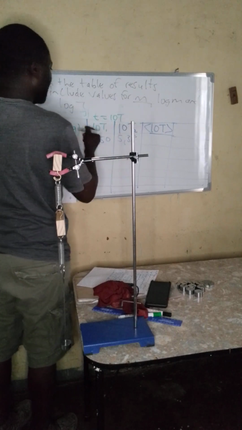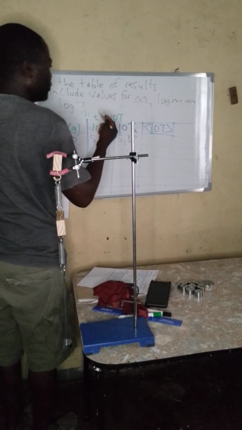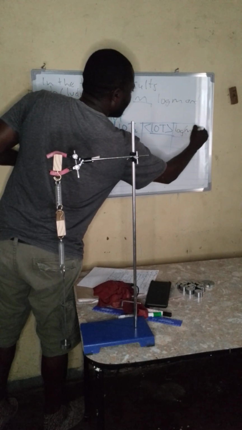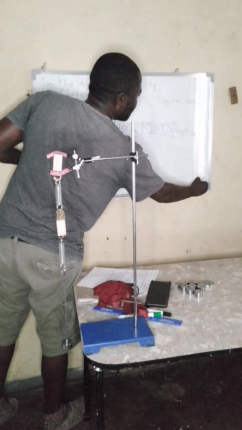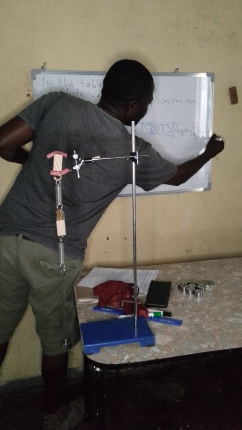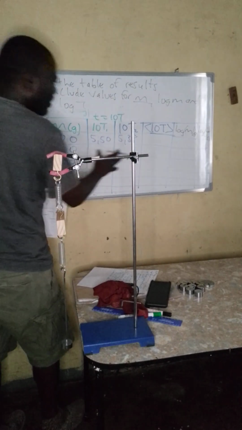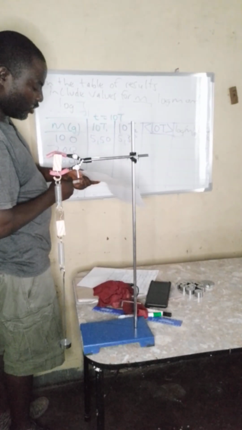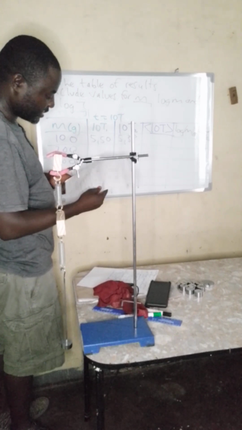Already we've got M in grams, so we should include log M, okay, M is in grams, and log T in seconds. So now this is a complete table, right? We are following the instructions in this practical session.